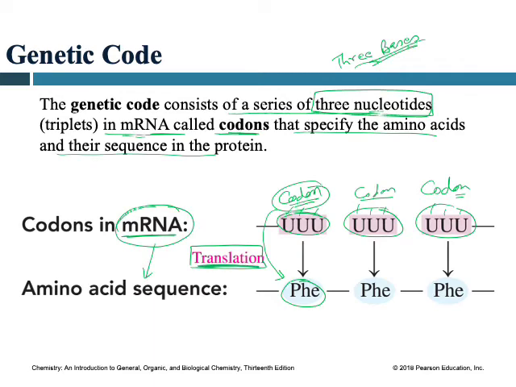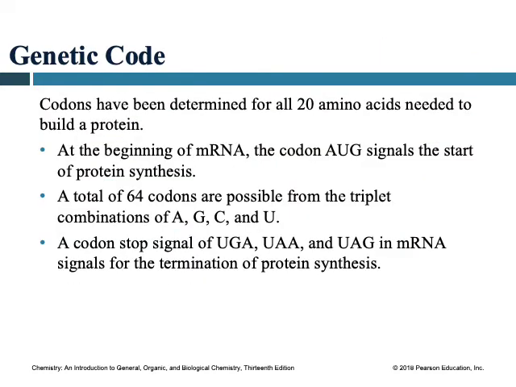Now let's see how this codon information can be translated into an amino acid sequence. Codons have been determined for all 20 amino acids. For each individual amino acid we have a special set of 3 bases, base, base, base, that normally codes for one particular amino acid, right?